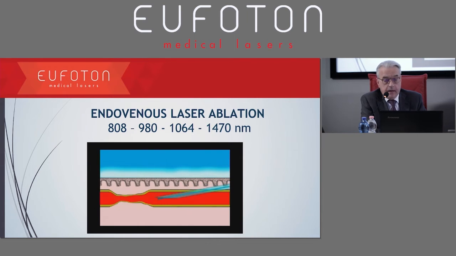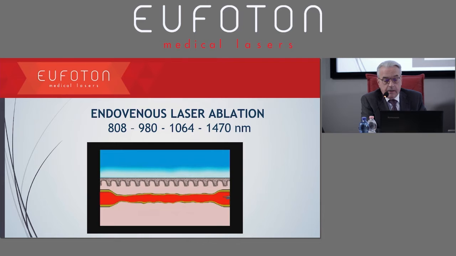This is the evolution of the Endo-Perivenous method. In this case, there are several types of lasers: 808, 980, 1064, 1470. We used all of them to try and understand which was the best wavelength to have the best effect and to avoid the side effects at epidermal level.